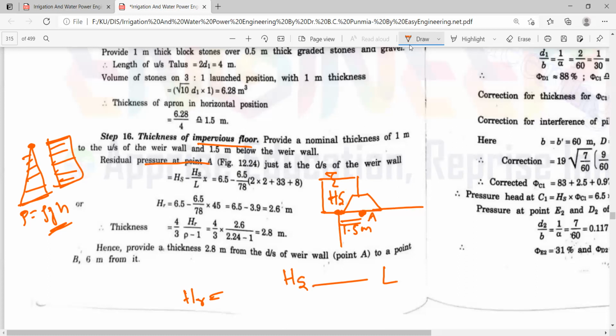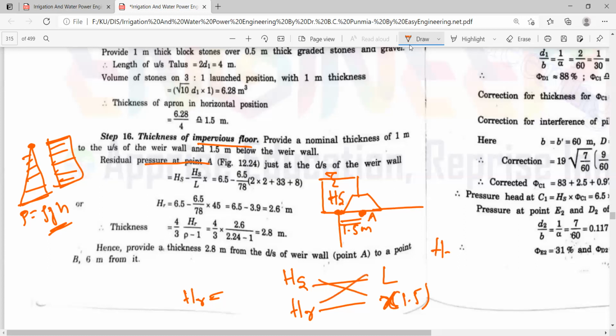If the residual head is HR, then the creep length is, let us suppose, X. Let us suppose X is equal to 1.5. Then we can calculate the residual head, just by simple cross multiplication.